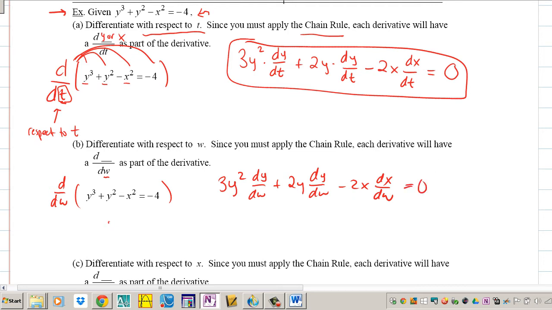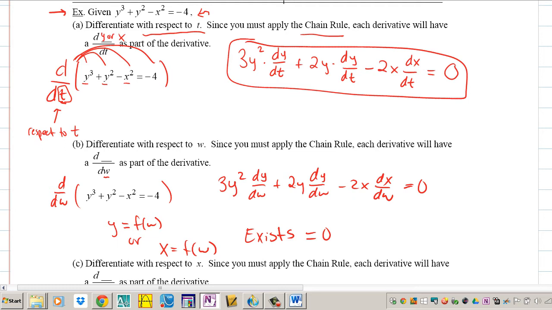We don't know if y is a function of w or if x is a function of w. So we're going to assume that the derivative of x or y with respect to w exists. We're going to assume that it exists, and even if it doesn't, it could be 0, which means we just have 0. And you'll find out what I mean by if it exists or not later on.